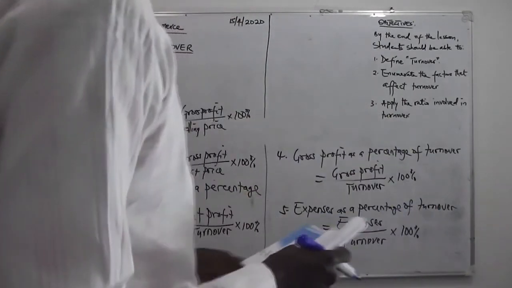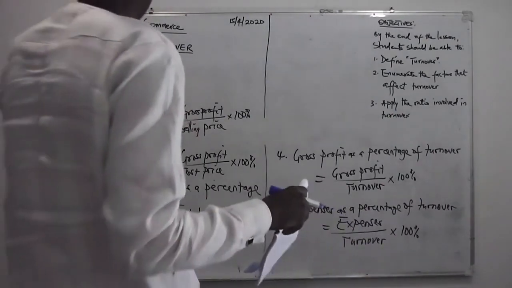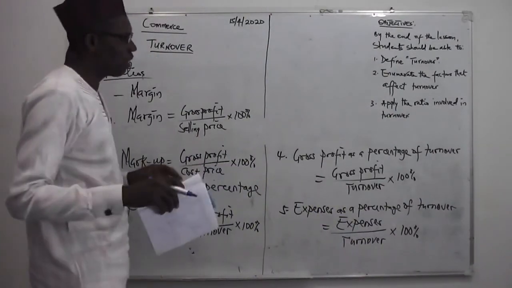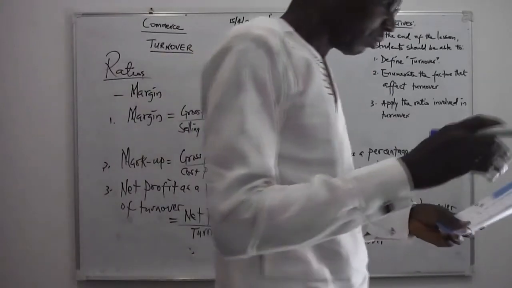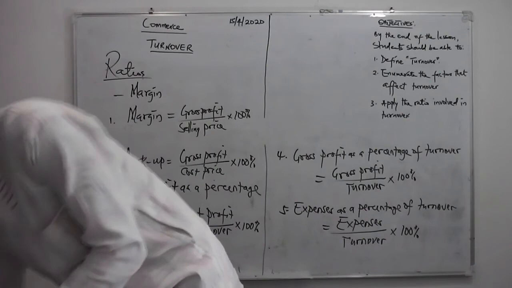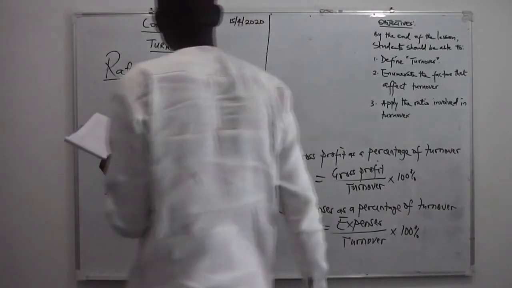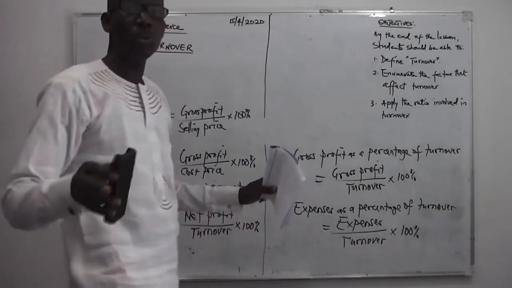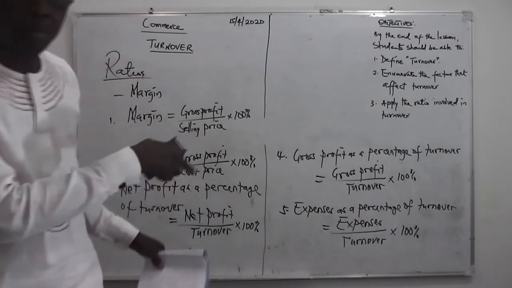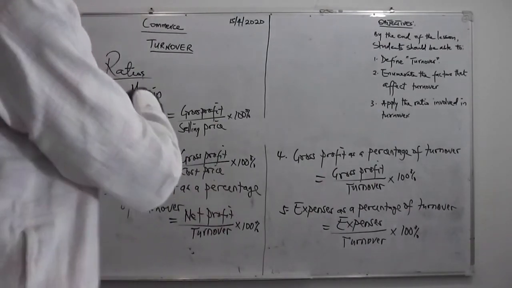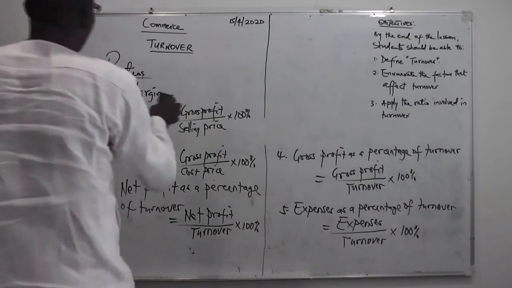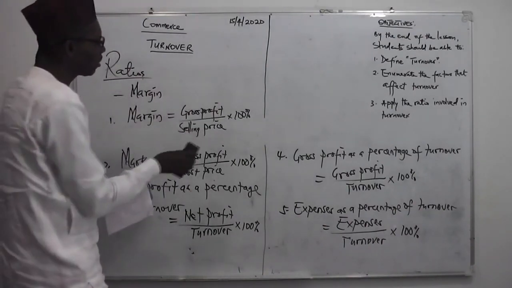These are the formulas used in calculating the ratios that are involved in turnover. Then before then, we are going to take a practical question that we will use to solve problems in this.